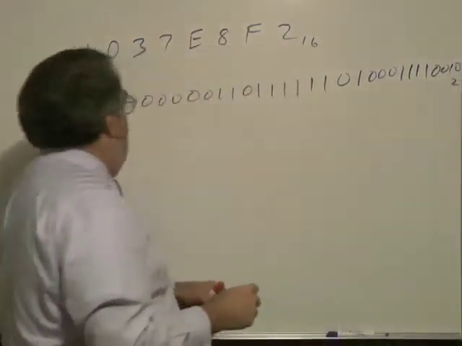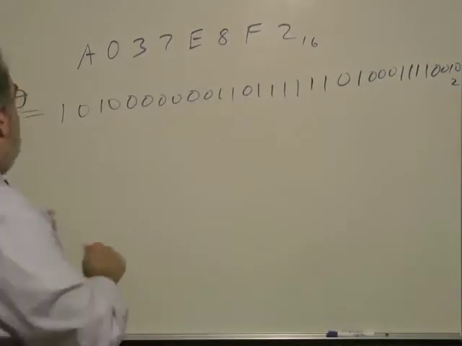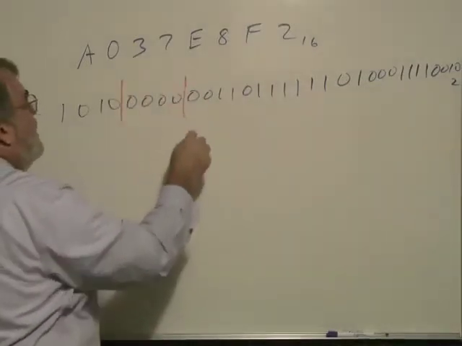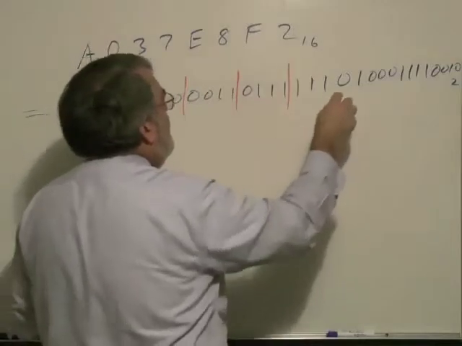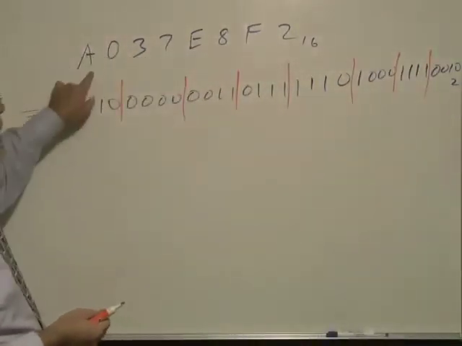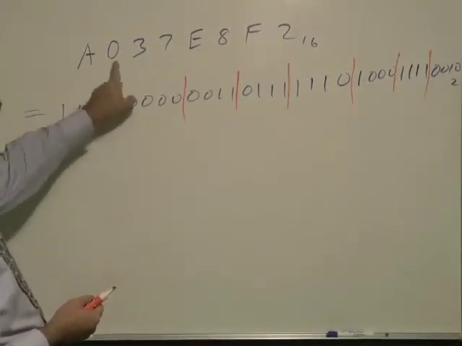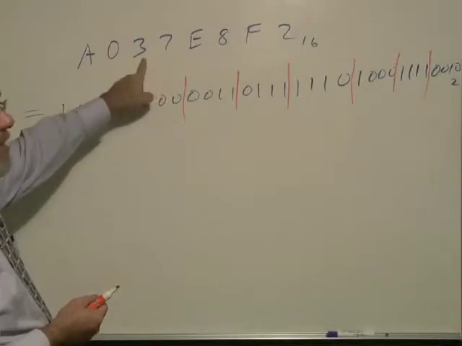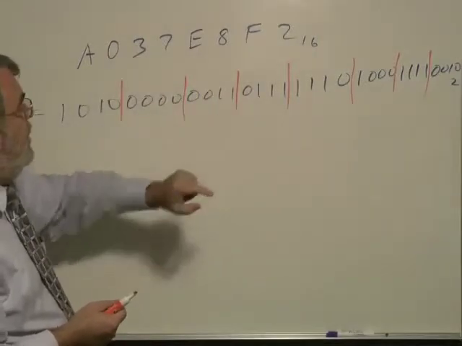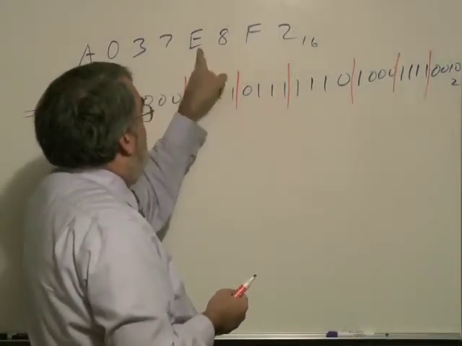Base 2. So it's kind of hard to write on the board. I should have been writing smaller. So let's double check this. Okay. A is ordinary 10. That's 8 plus 2 is 10. 0 is just 4 zeros. 3 is 2 plus 1. 7 is 4 plus 2 plus 1.